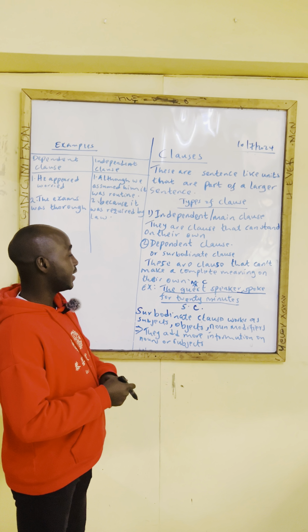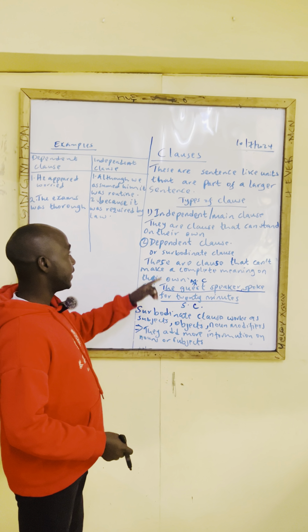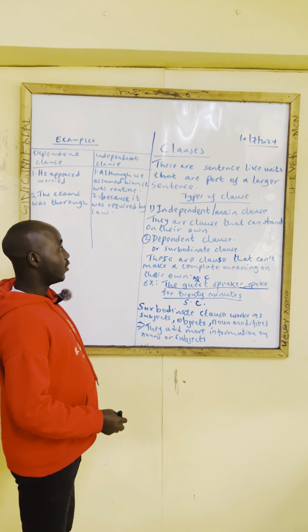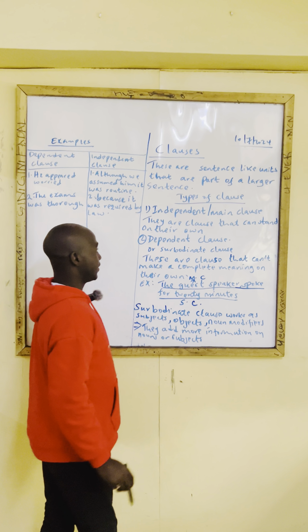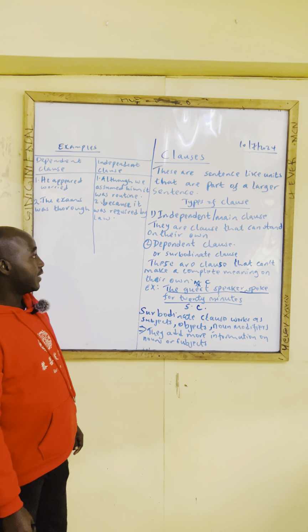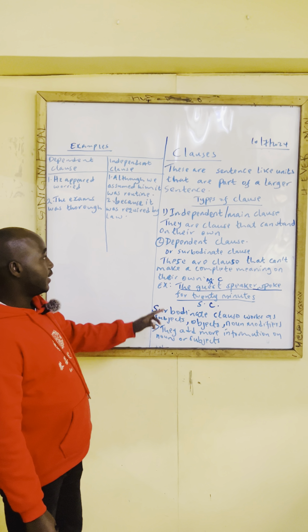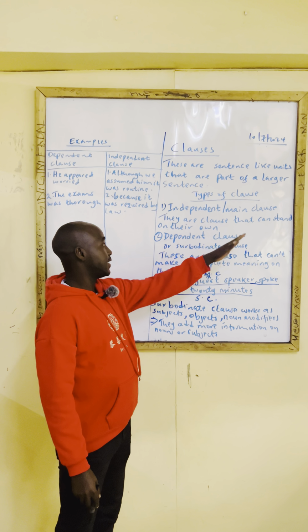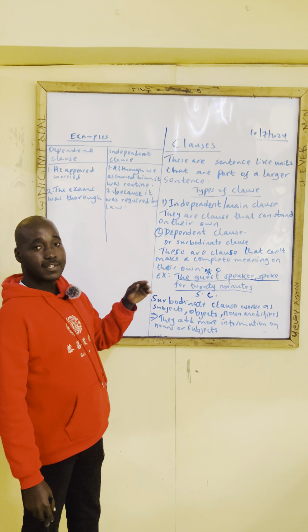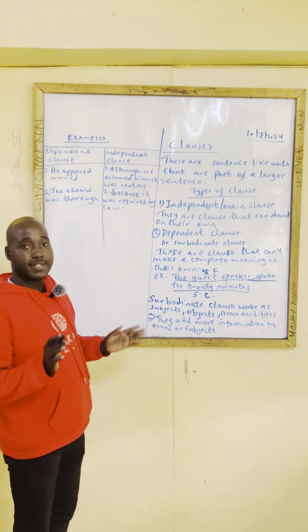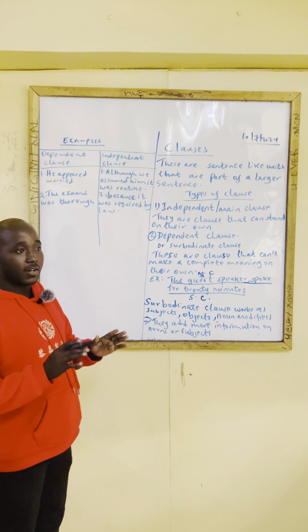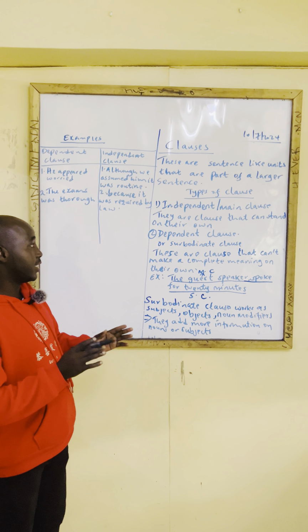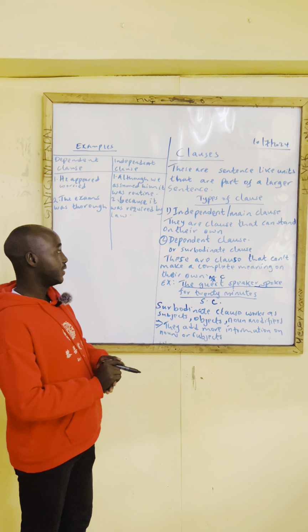So we have two major types of clauses. Number one is the independent clause, also called the main clause. An independent clause is a clause that can stand on its own. That means when they are alone, they can make a complete meaning.